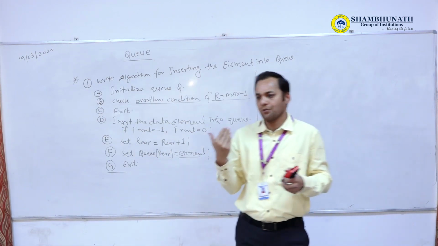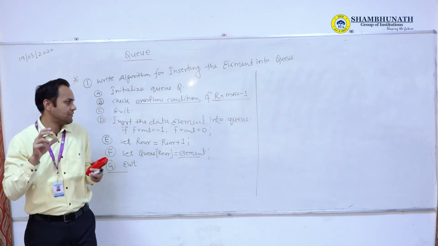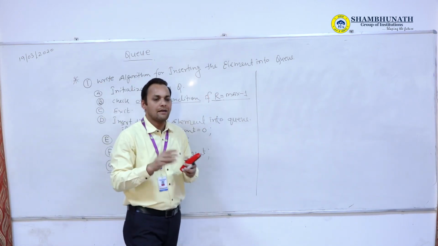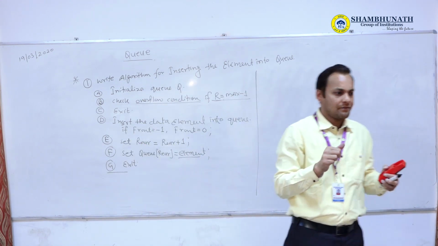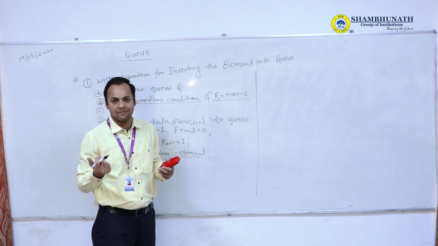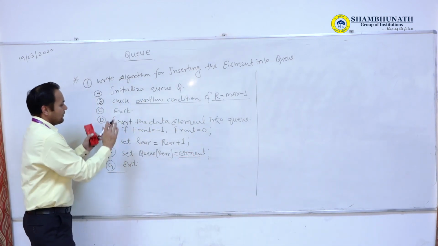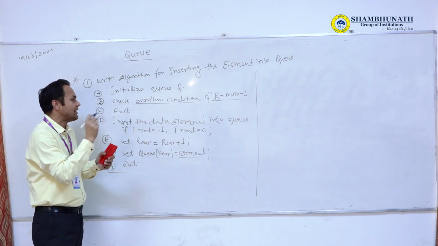If we are writing a program for implementing the Q, there are many functions to create, like insert, delete, traverse, display, and main function. So now the part on how to write the function for inserting an element into the Q.